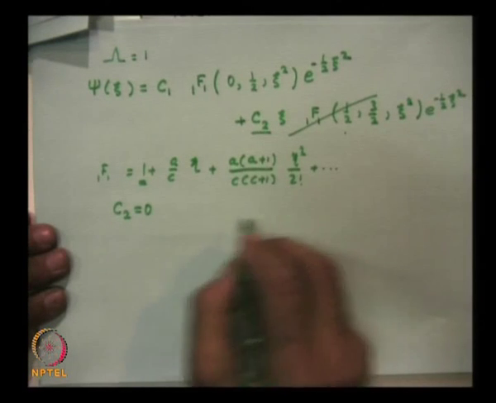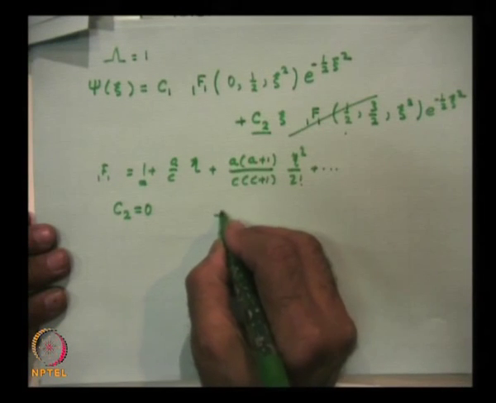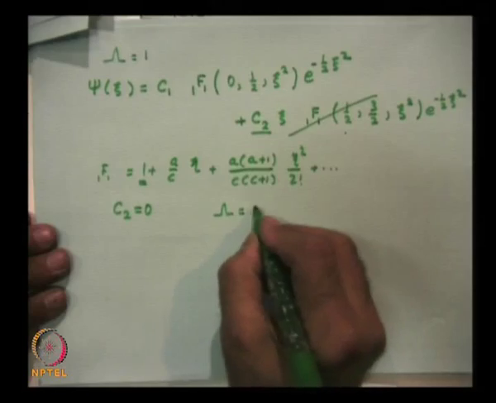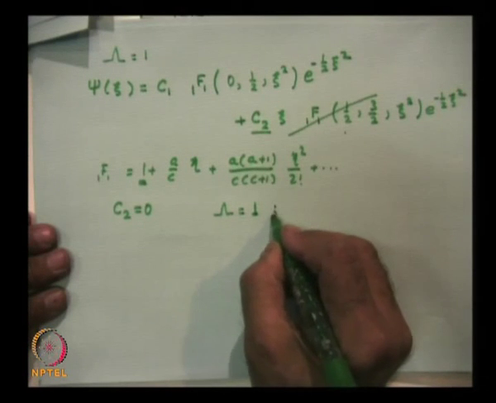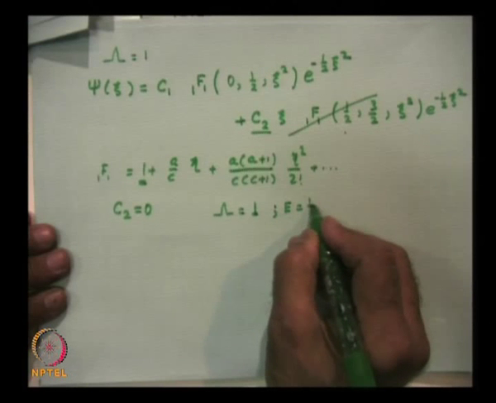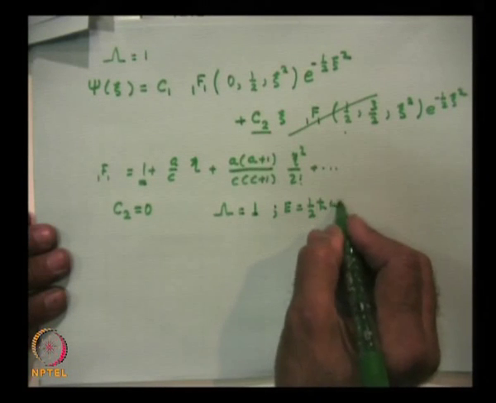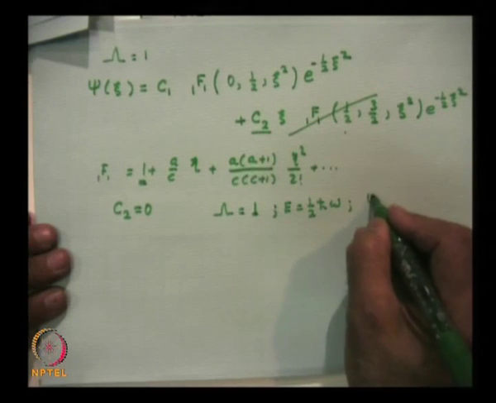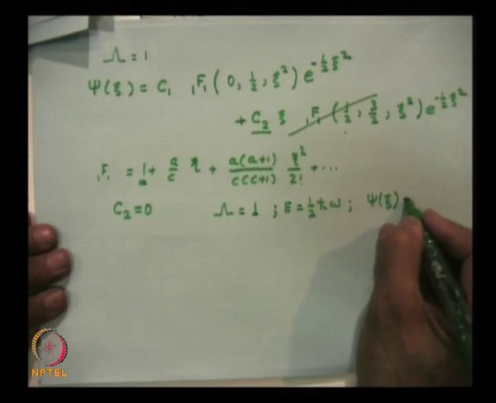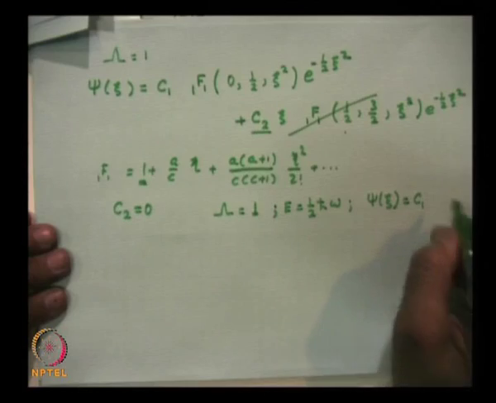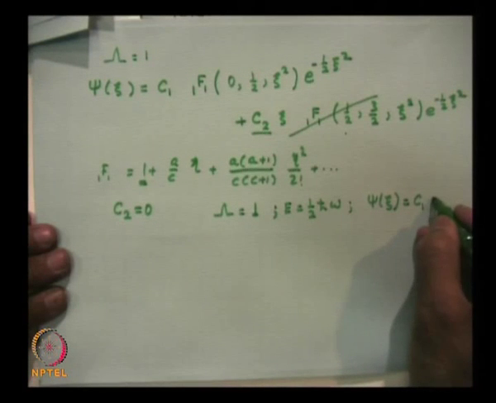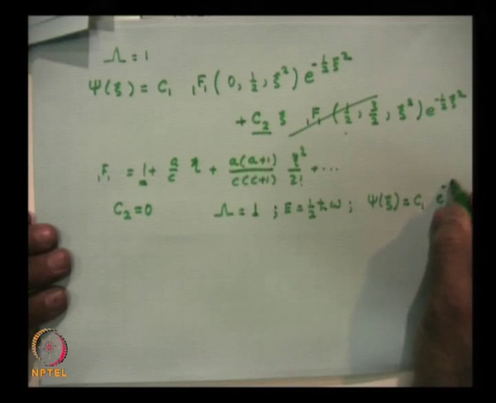So, for lambda equal to 1, that is E is equal to half h cross omega, my psi of xi will be equal to C1 constant, that is 1, into e to the power of minus half xi square.